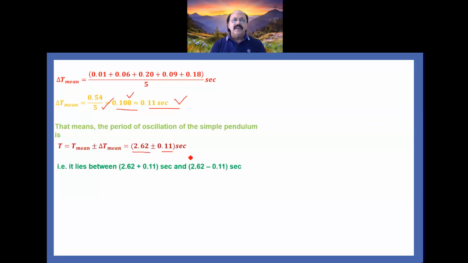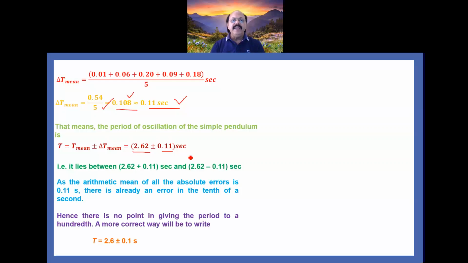Now this indicates that the time period of the simple pendulum lies between 2.62 plus 0.11, that is 2.73 second, and 2.62 minus 0.11, that is 2.51 second.